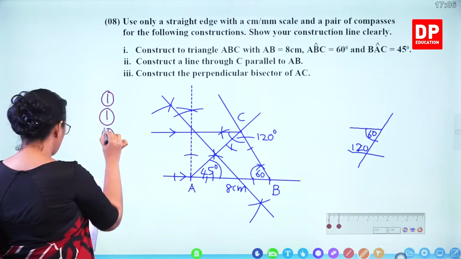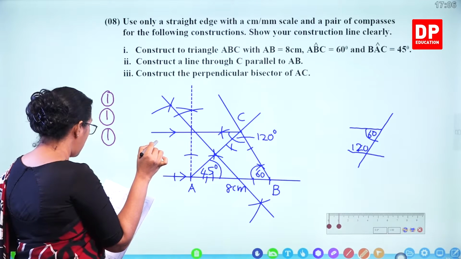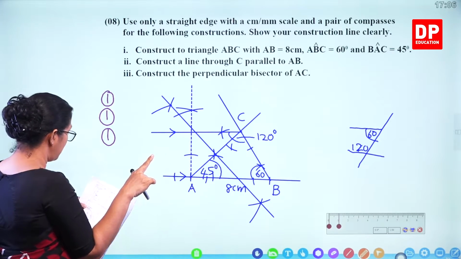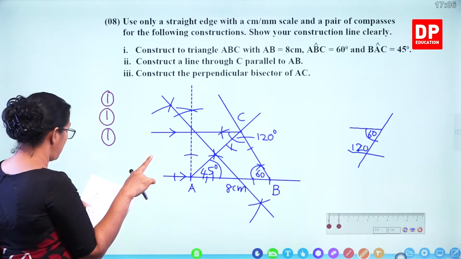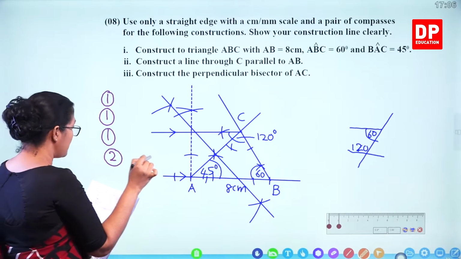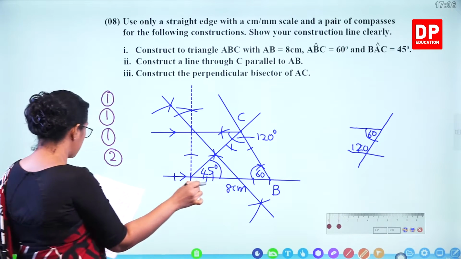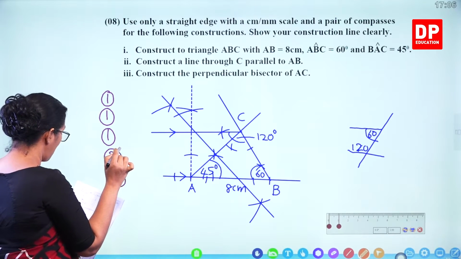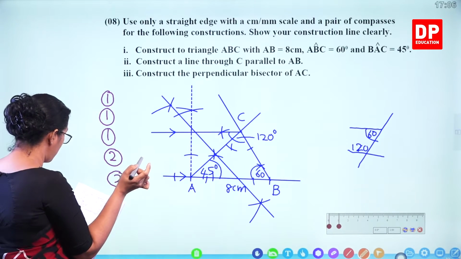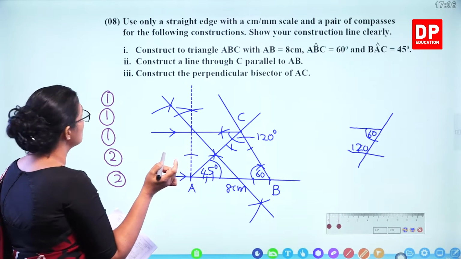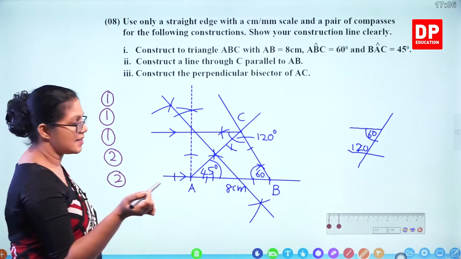Completing the ABC triangle, 1 mark. Drawing the parallel lines AB and DC, 2 marks. And drawing the perpendicular bisector, you get 2 marks. So 7 marks for this part.